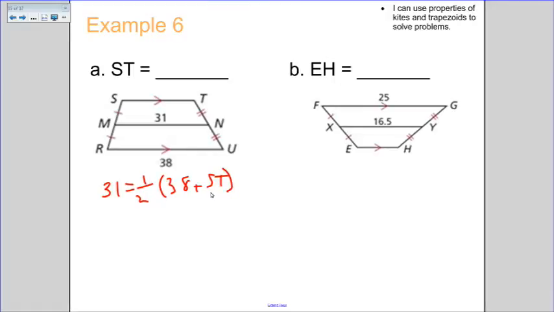So remember, we don't like working with fractions. The easiest way to get rid of a fraction is to multiply by the reciprocal. So let's multiply both sides of this equation by 2. I'm going to get 62 equals 38 plus ST. Okay, now if I subtract 38 from either side, I'm going to get 24 equals ST.